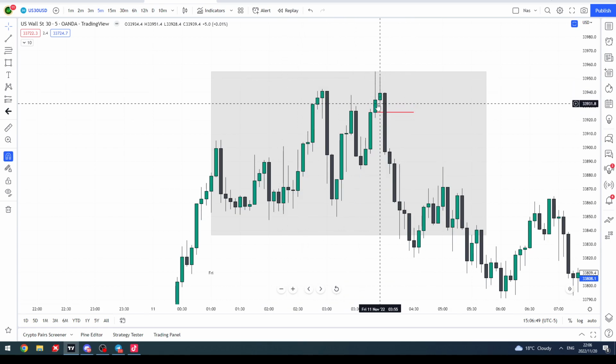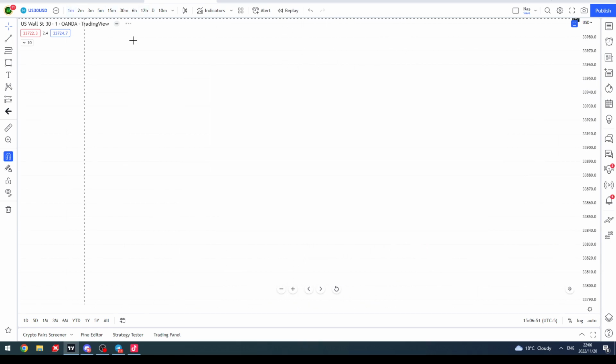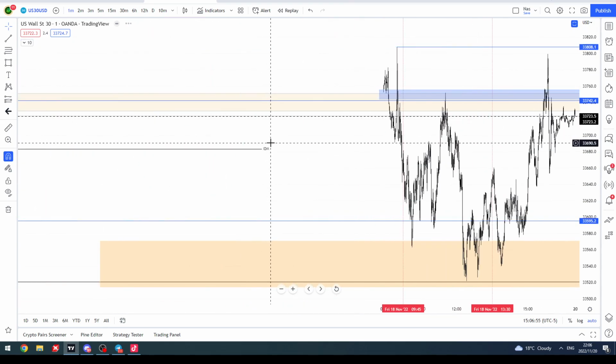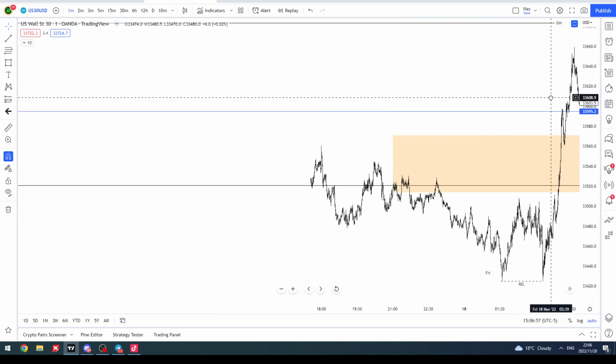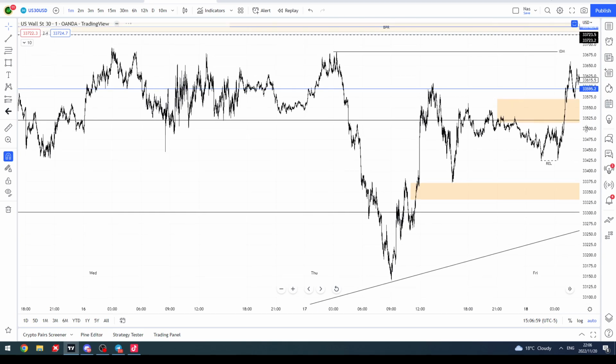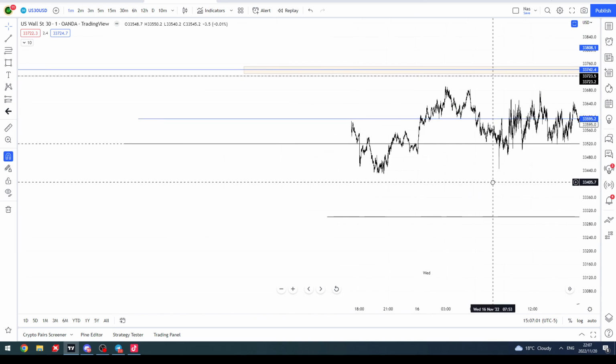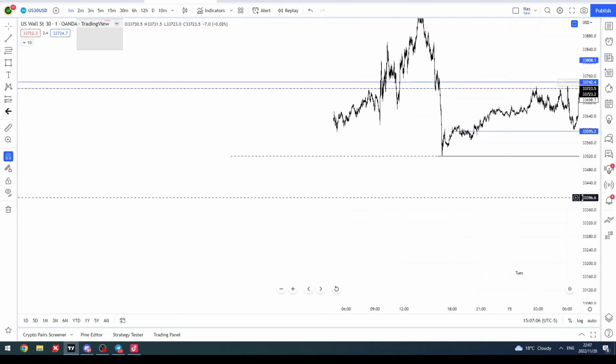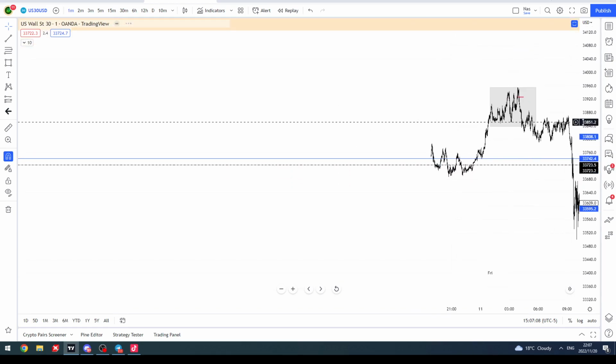And usually what happens in here, if we go down to a 1 minute, right? We're going to see this a bit better, hopefully. So two things are going to happen. You're going to see a fair value gap in that order block, and then you're going to see price trading through it afterward. That was in here.